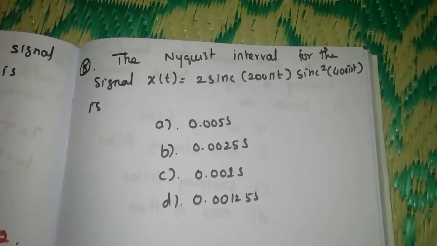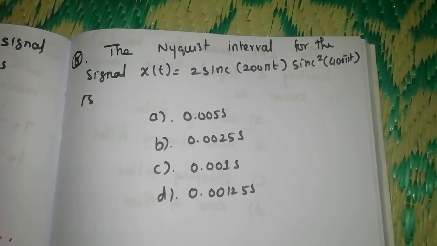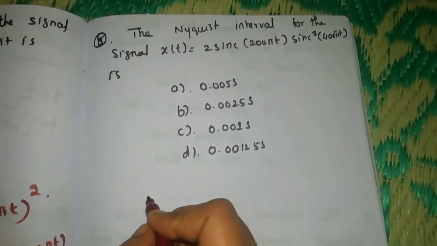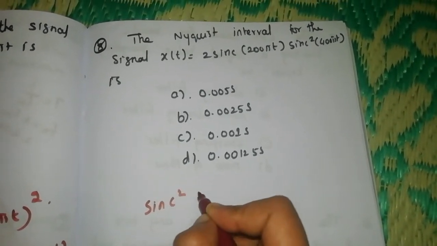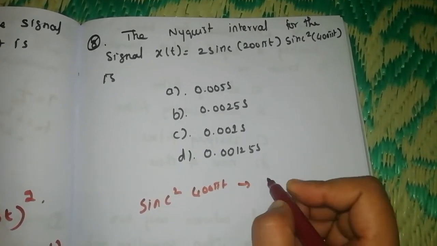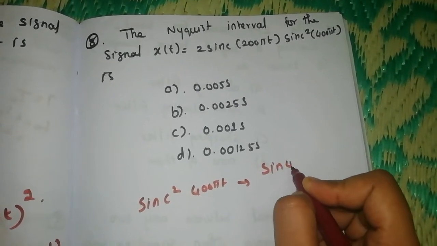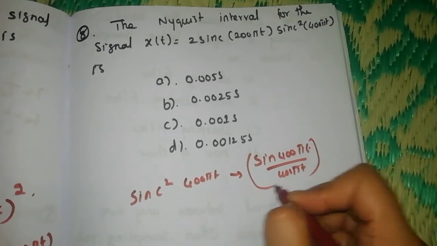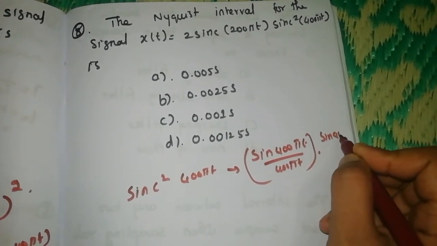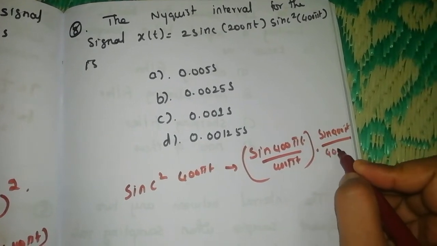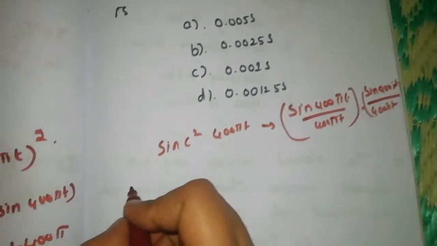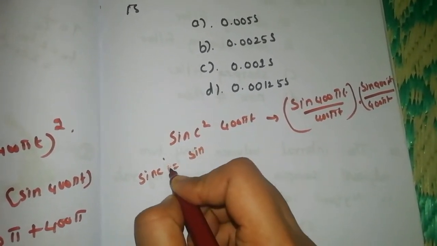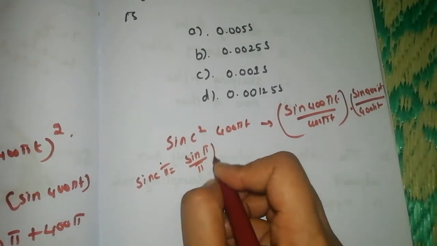Next one, the Nyquist interval for the signal x of t is equal to 2 sin 200 pi t sin square 400 pi t. Similarly, this sin square 400 pi t can be written as sin 400 pi t divided by 400 pi t into sin 400 pi t divided by 400 pi t, because of the sinc function, sinc of t is equal to sin pi t divided by pi t.